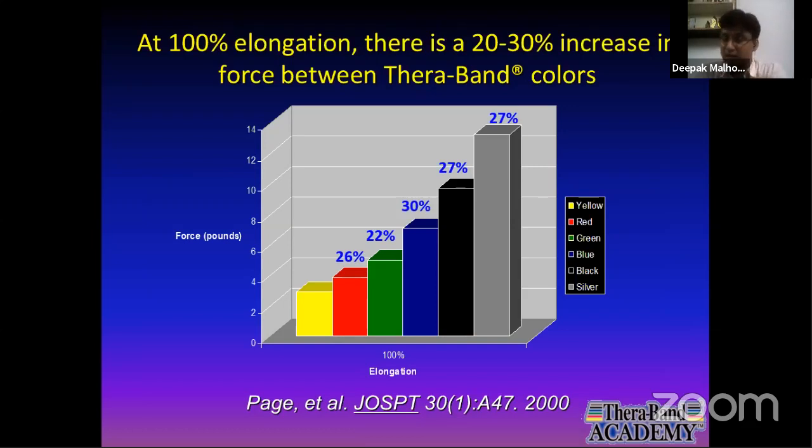So you have to see that. It would be a stepwise progression based on science and evidence, which is the basis of your PRE, progressive resisted exercises, when you progress from one color to another color.